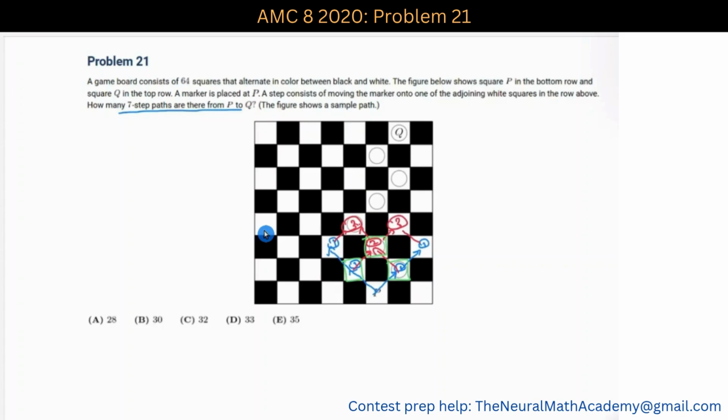Similarly, if I apply this pattern, I will have 6 for this square, and for this one I have only 3, and for this square I will have 1 and then 3, sorry, that would be 4 now. 3 plus 1, 4, and then I get 10 and I get 9, and this one will be 9 again, and this becomes 19, and this Q then has 28. So the answer is then A for this problem.